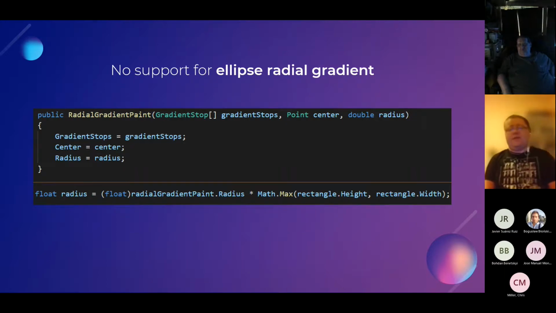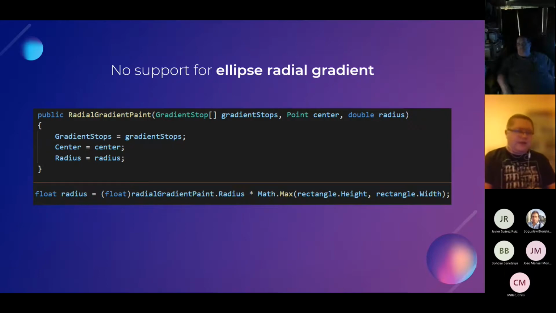And with Magic Gradients, we are also allowing for drawing ellipses, which is needed for some CSS code that we can use. Because of this limitation, this is some sample code from the Microsoft Maui Graphics, where we can use a single radius value.